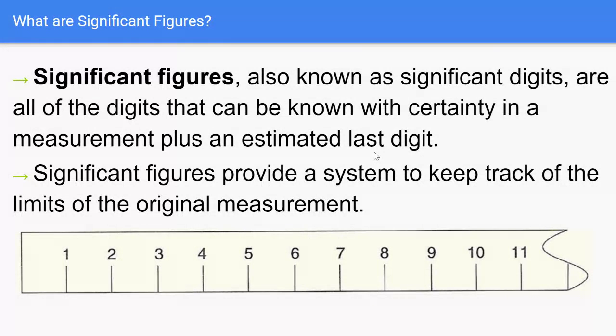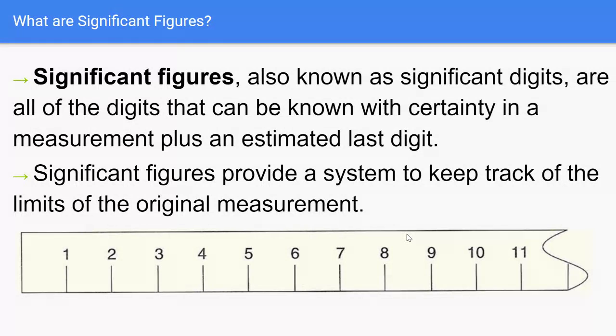So these significant figures provide us a way to keep track of the limits of the original measurements that we took when we're doing chemistry. So if we're measuring something, if we're trying to find density or volume or mass, and we're going to use some sort of device to measure it, like a balance or a ruler or a graduated cylinder, we can take measurements with whatever the numbers are plus one estimated digit.